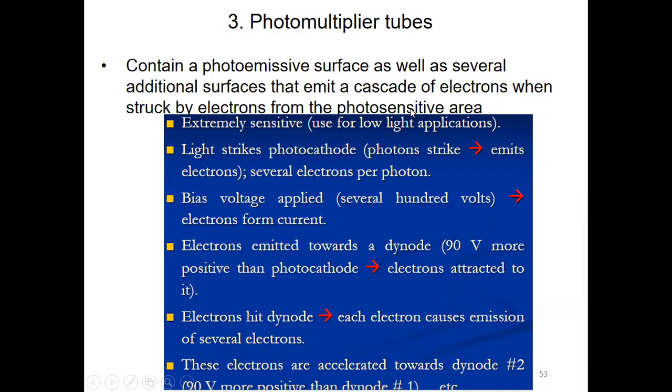So it has a photocathode and dynodes, and it emits a cascade of electrons when the photons hit those surfaces.